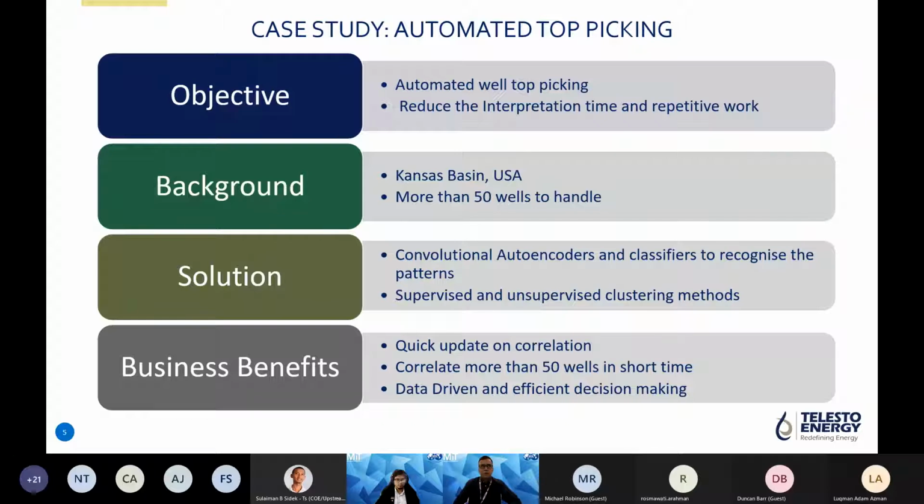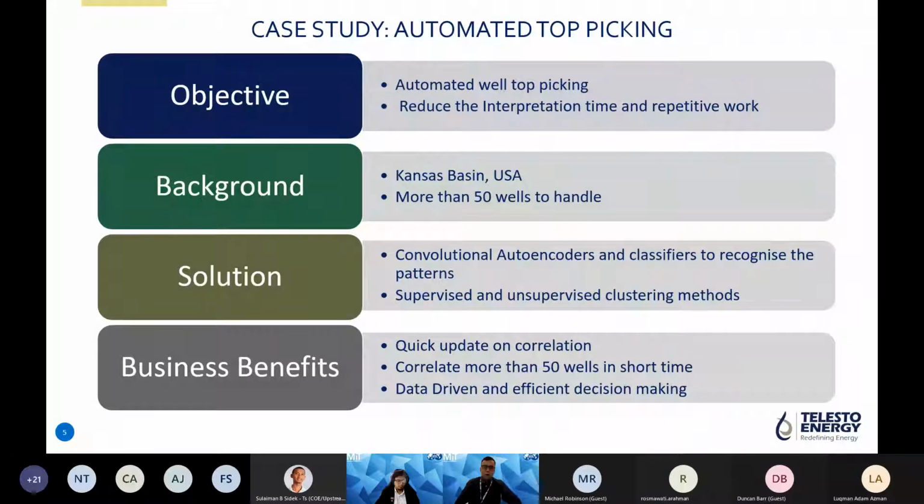Once the framework is set, if we can automate this well top picking, it will reduce a lot of time. Here we have chosen a Kansas Basin in USA, where we have implemented this on more than 50 wells. This is one of the case studies. The other 2 case studies are on projects that we did for our client.